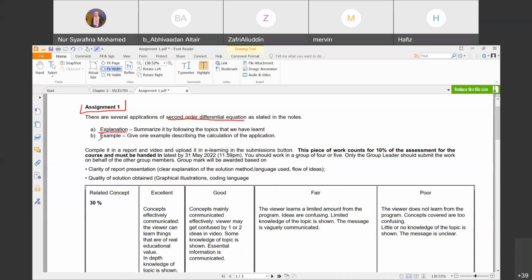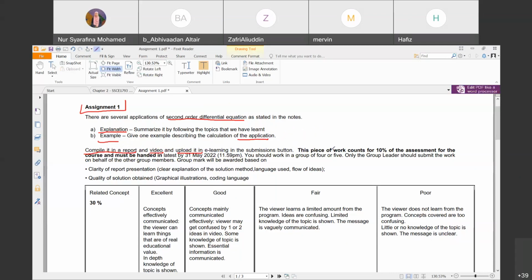Then give one example and describe the calculation of the application. Compile it in a report and video and upload it in e-learning under the submissions button. Later I'm going to open the submission button in your e-learning.